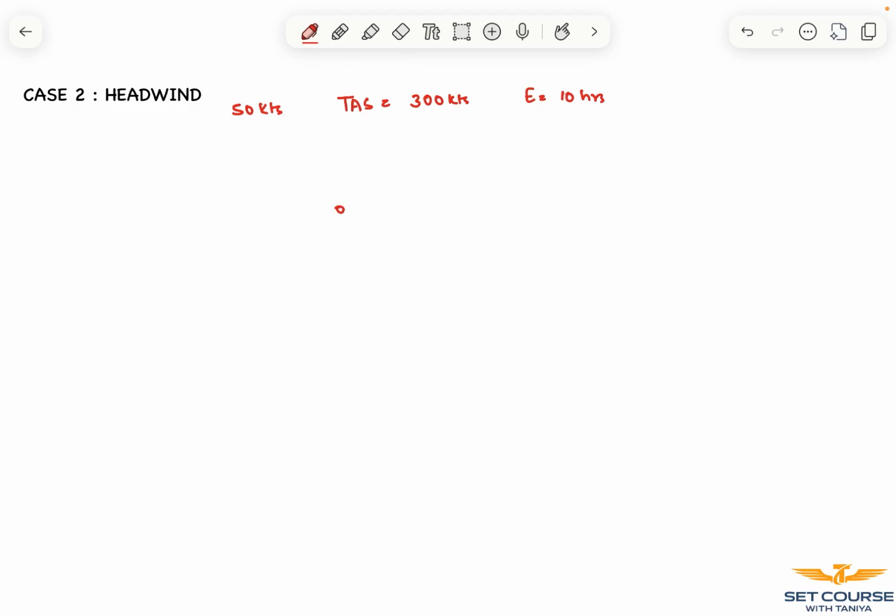So again, let's draw the figure from A to our point of safe return, which is P. Our time to reach is T. Because we are receiving a headwind, our speed now becomes 300 minus 50, which is 250 knots. On the way back, our time would be endurance minus time.